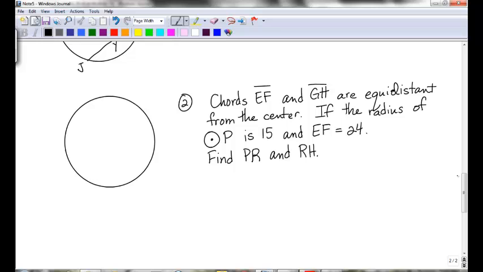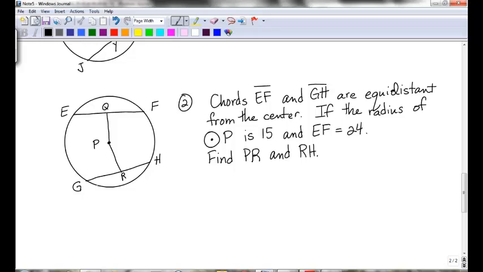Now let's label the circle. Draw a chord up here. Label this as E, this is F. Very similar to what we did on that other drawing. Label a chord here, G and H. The center of the circle is P. Perpendicular here, this would be Q. And this would be R down here.